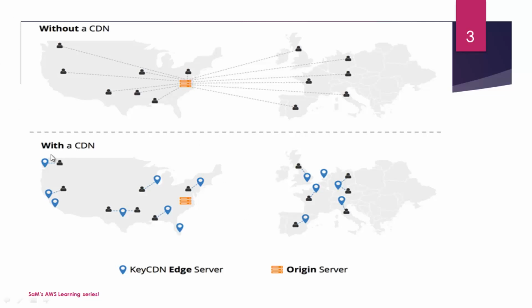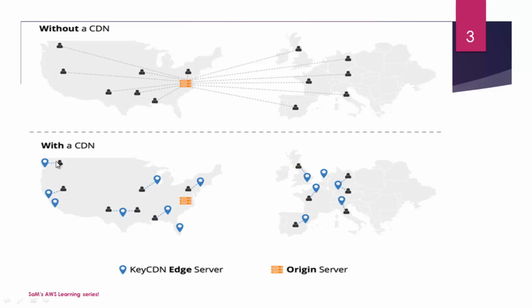And it's not that simple. The first time the user makes a request, it will have to go to the origin server. But then the CDN or the edge server will understand that there is a huge geographical distance, so next time onwards it will cache the data and deliver it to the user.